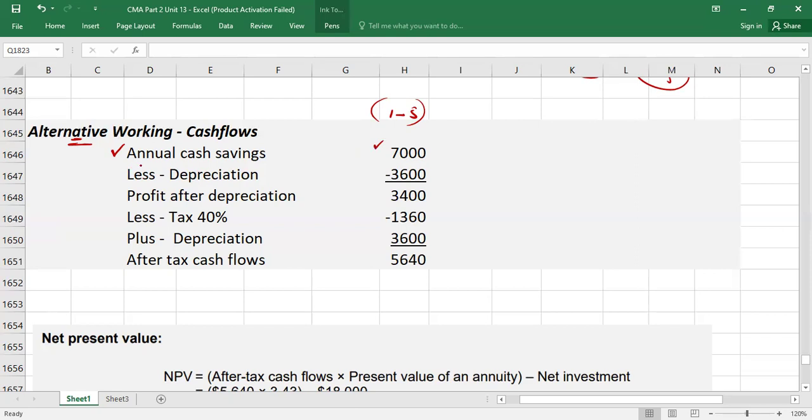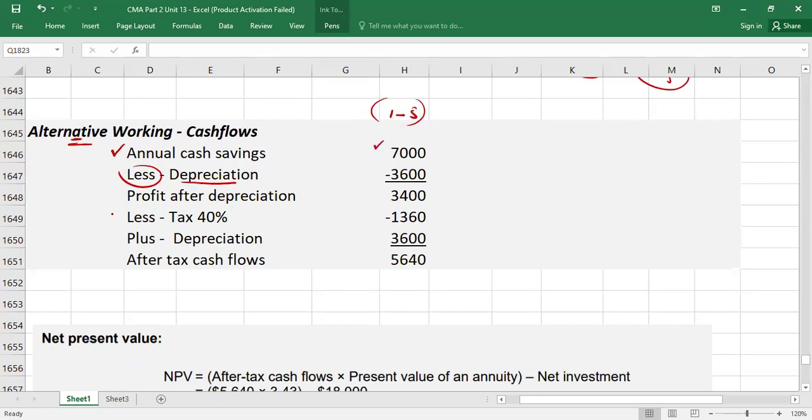From there we deduct depreciation itself. We have a yearly depreciation of 3,600. Once you take annual cash saving minus depreciation, you get the profit after depreciation, which is 3,400.